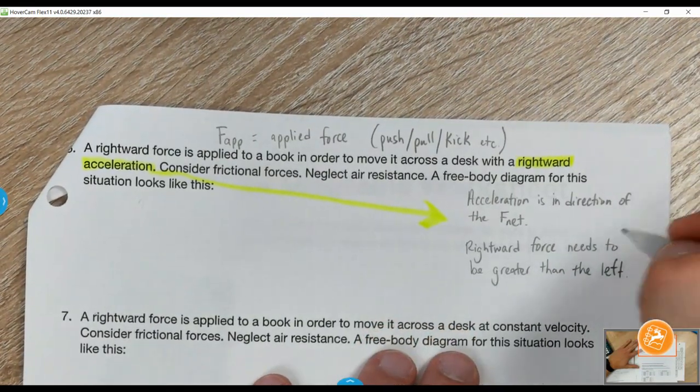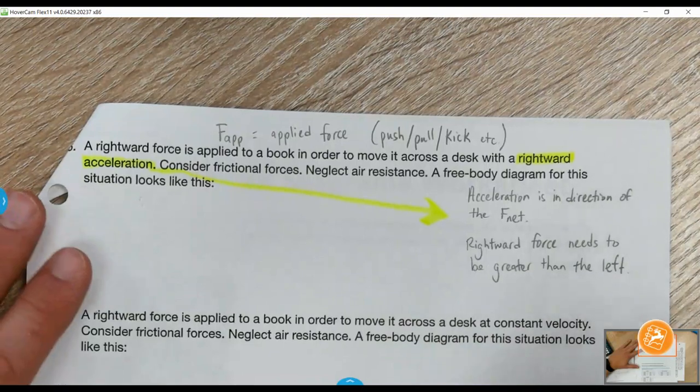So F net needs to be greater than 0 and to the right.